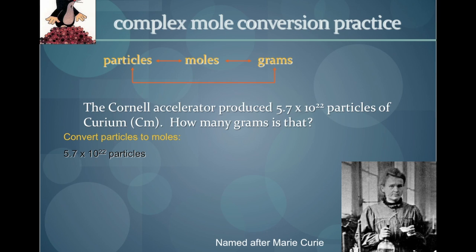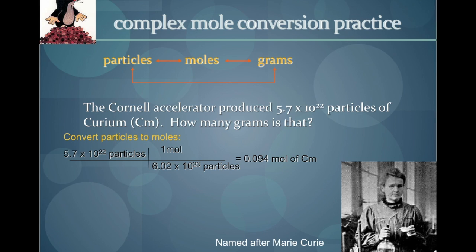We can't go straight through. So we always start by writing down what we start with. We're given 5.7 times 10 to the 22 particles. And to get to moles, we want the particle to mole conversion with particles on the bottom and moles on the top. So we're multiplying. And when we do that, we have 0.094 moles of curium.